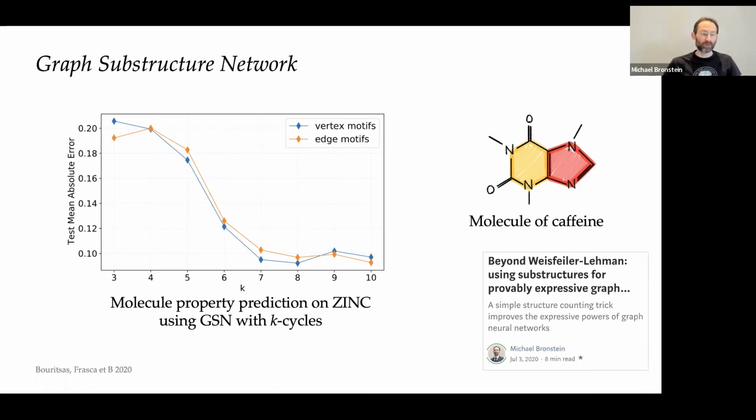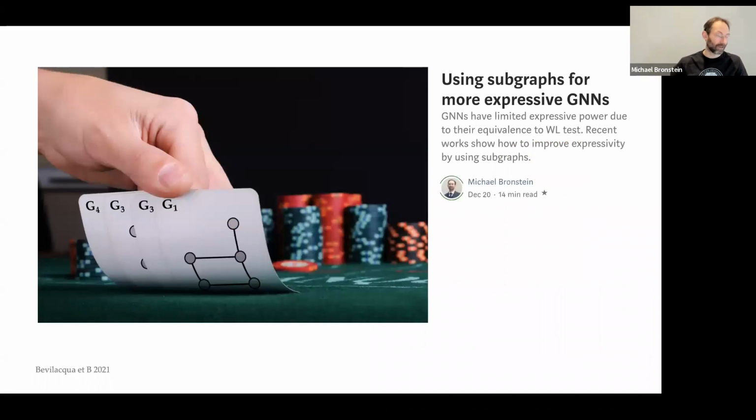So if we count these structures and provide them to the graph neural network, in an architecture we call the graph substructure network, we see that our ability to predict properties of molecular graphs increases very significantly. Again, I will not steal the thunder from Fabrizio, so this will be covered in his talk, how we can use these ideas of subgraphs to increase the expressive power of graph neural networks while remaining in the remit of message passing.